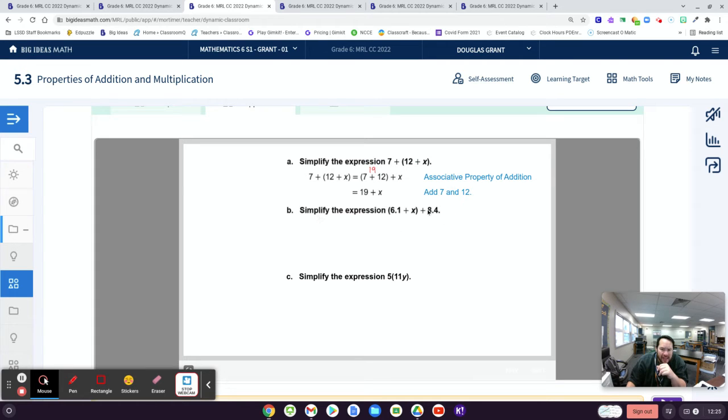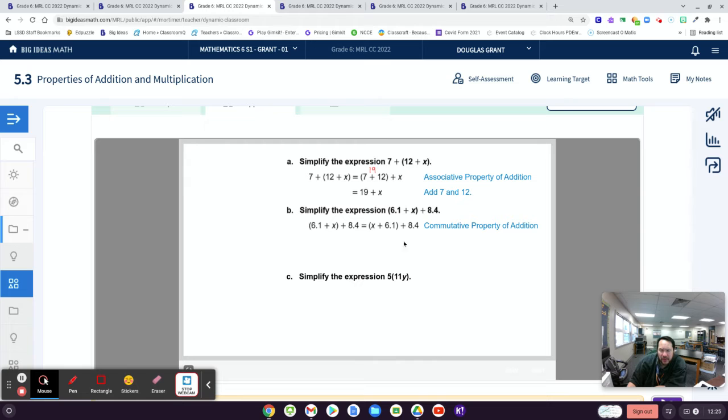All right, for the second one, if I simply move these parentheses to here, I'm still trying to add x to 8.4. So the first thing you actually want to do is switch this x and the 6.1 around. What property says it's okay to switch 2 numbers around when you're adding? Yeah, the commutative property of addition says it's okay to rewrite this 6.1 plus x as x plus 6.1.